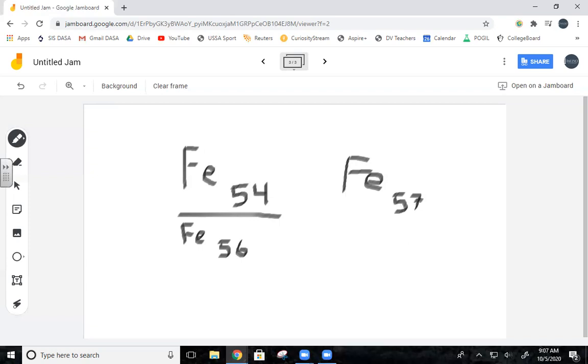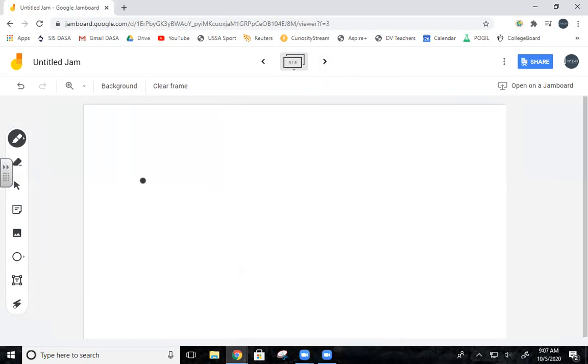The important thing for you to understand when it comes to isotopes is how it affects the mass. Certain isotopes are also radioactive. So let's talk about carbon-12 versus carbon-14.